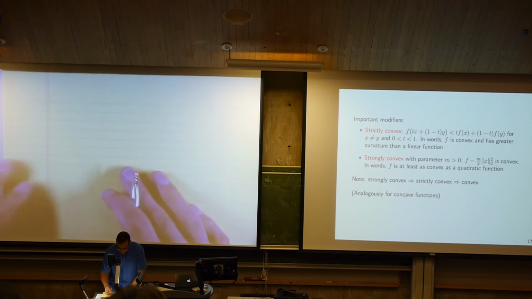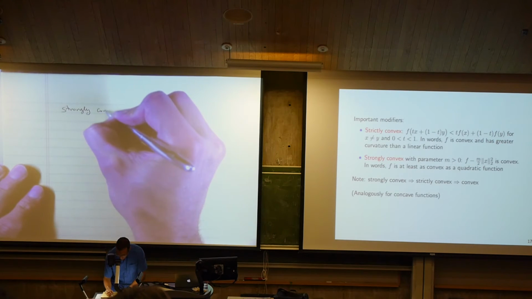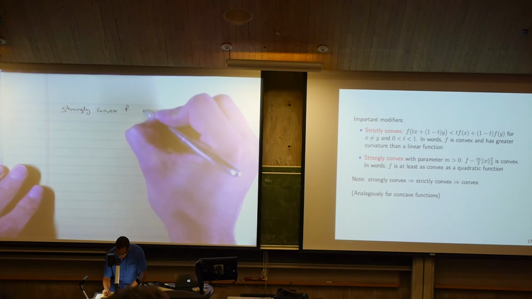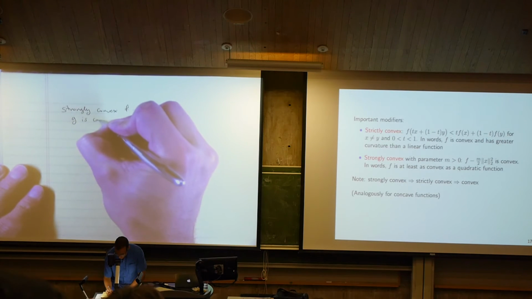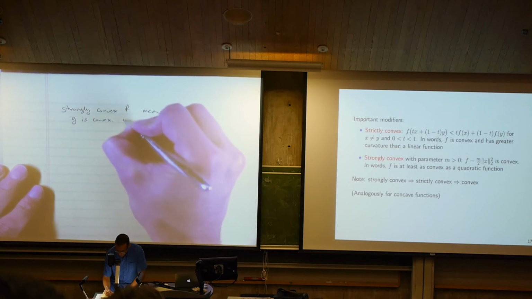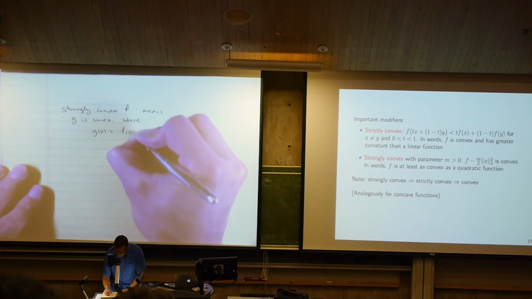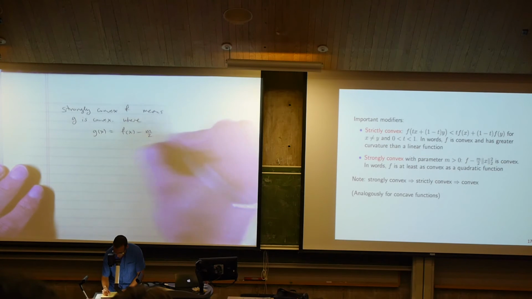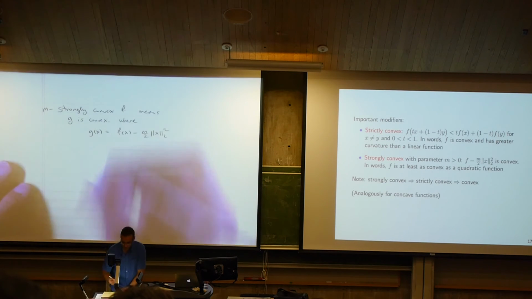So strongly convex f means that g is convex, where g of x is equal to f of x minus m over 2 times the 2-norm of x squared. That's our definition for f being m-strongly convex.